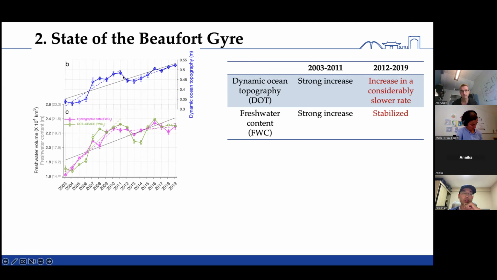The second is that we changed the dividing year by plus or minus 2 years, so it doesn't change our result very much. Also, the freshwater content supports our division, because it shows a stabilization since 2012 versus 2011. So that makes us quite confident about the result. Hope I answered your question.